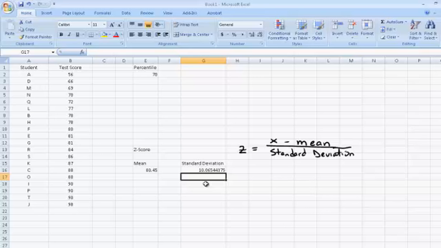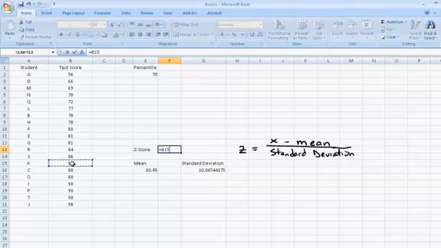Now we want to know where any particular student falls within this group of students. So once again, we'll pick student K, and we'll calculate the z-score. The z-score is equal to, start with a parenthesis, the student's score minus the mean, all divided by the standard deviation.